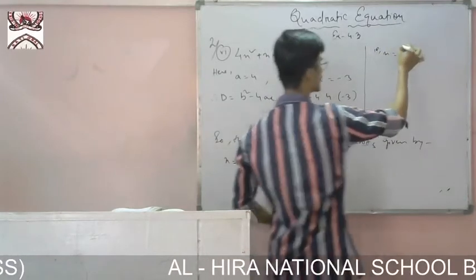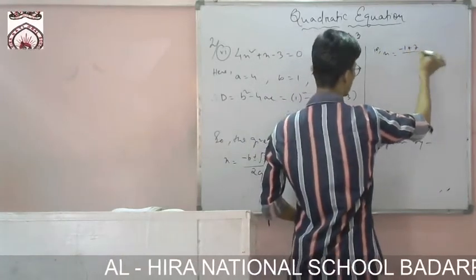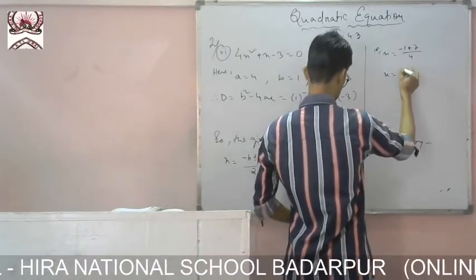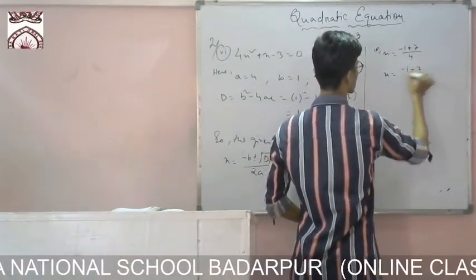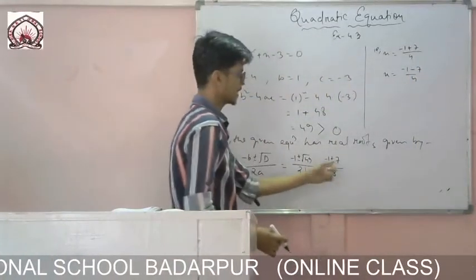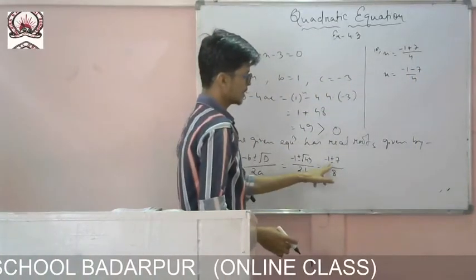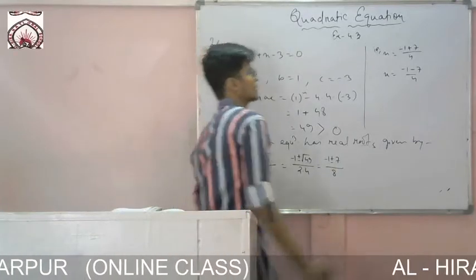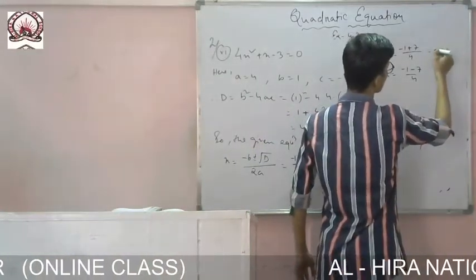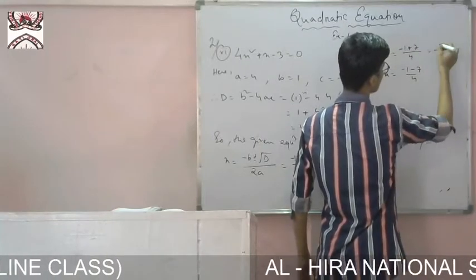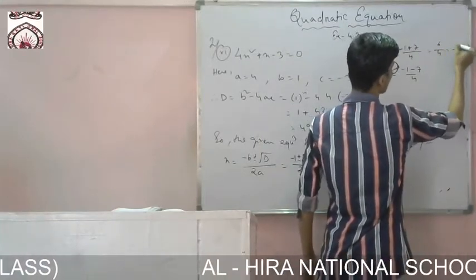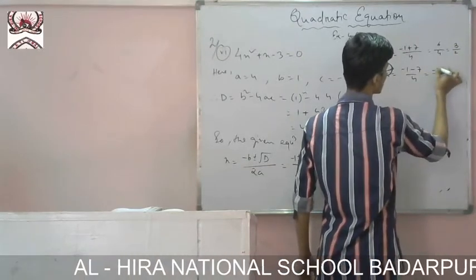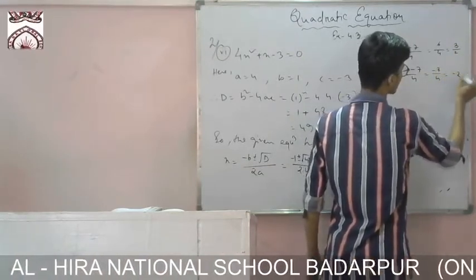Now the roots will be, x will be equals to minus 1 plus 7 by 4, another time x will be equals to minus 1 minus 7 by 4. You see here, it is plus minus 7, so one time by giving plus, another time by giving minus. So it will be 6 by 4, that means 3 by 2, and minus 8 by 4, that means minus 2.